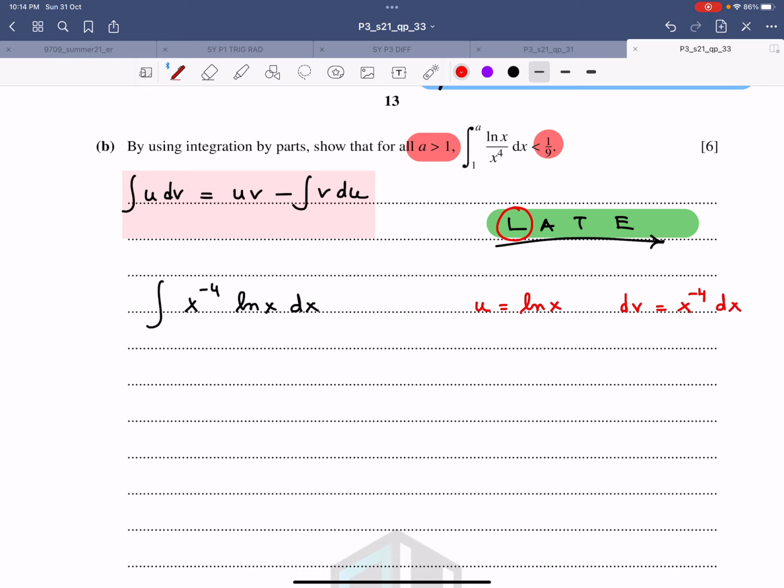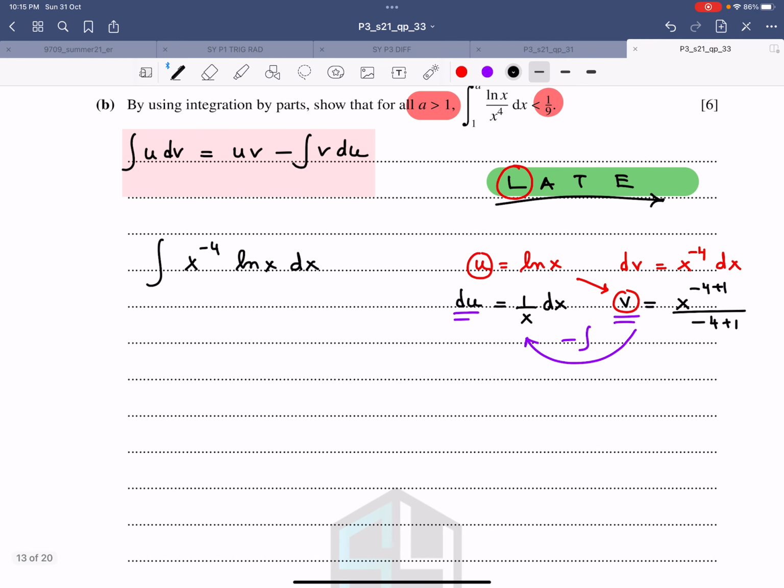Now be very, very careful because the question is of 6 marks. You write du over here, which is 1 over x dx, and now integrate this. That is x to the power of minus 4 plus 1 divided by minus 4 plus 1, and follow the arrows: u into v minus integral v du.